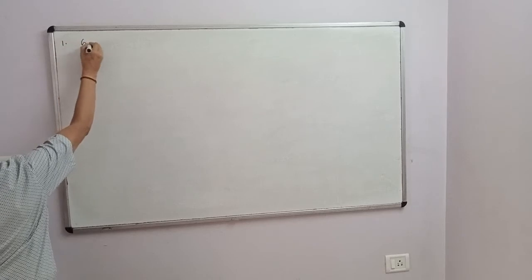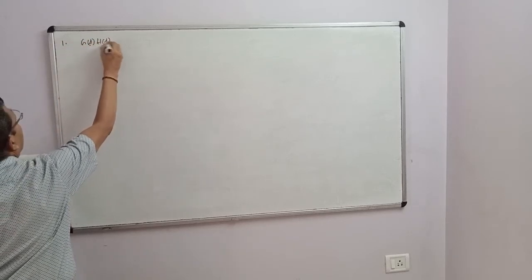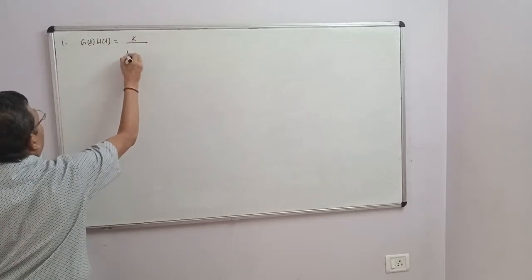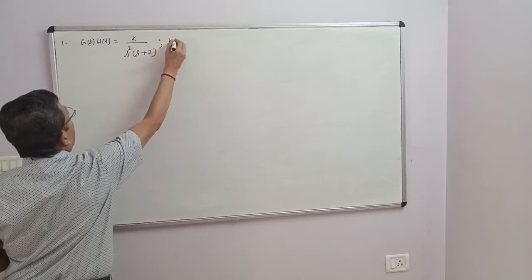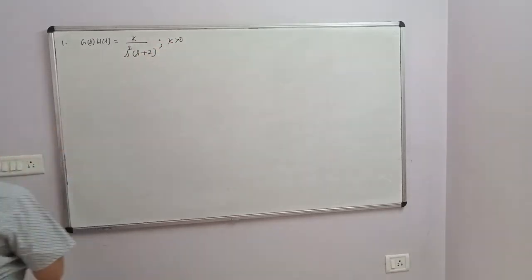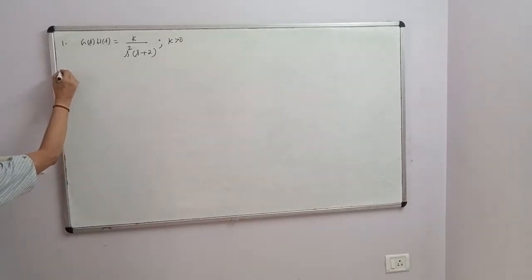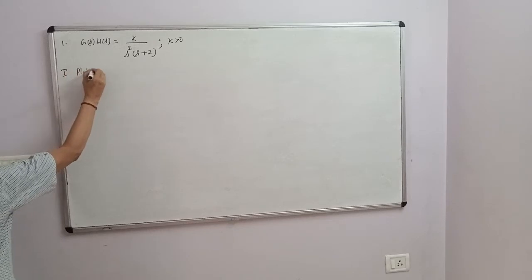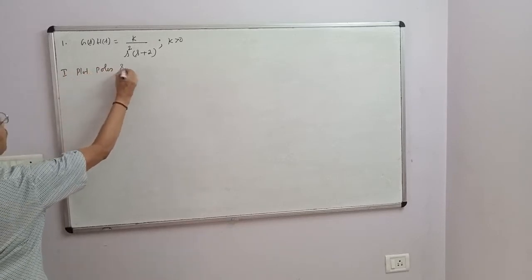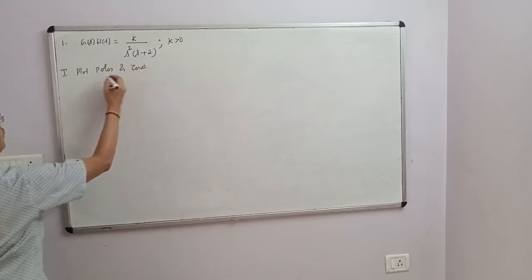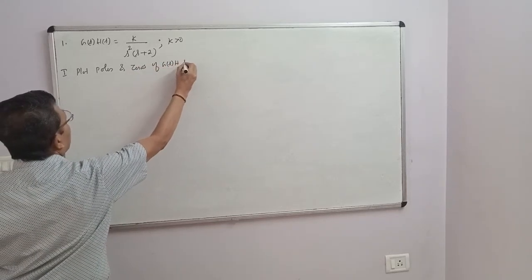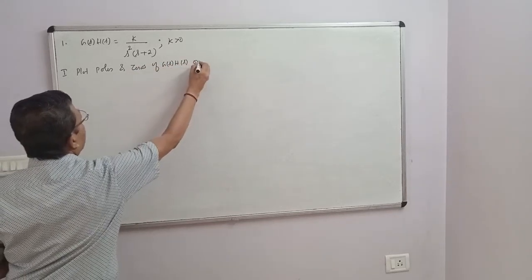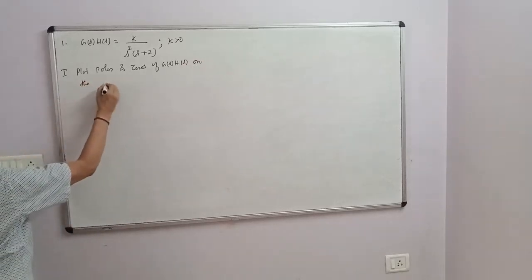First we'll take g of s, h of s is equal to k divided by s square into s plus 2, k greater than 0. Step 1, plot the poles and zeros, meaning finite poles and finite zeros, of g of s, h of s on the s plane.